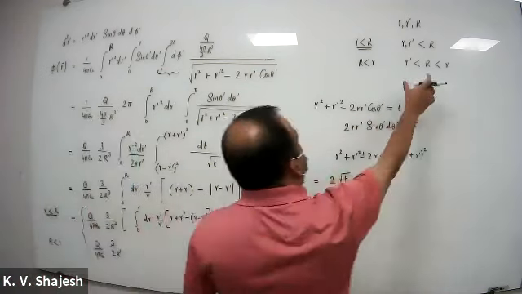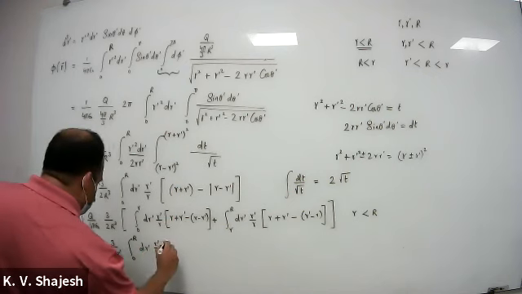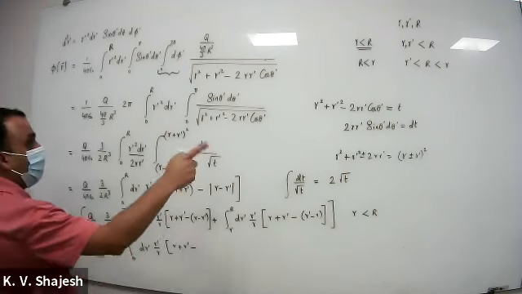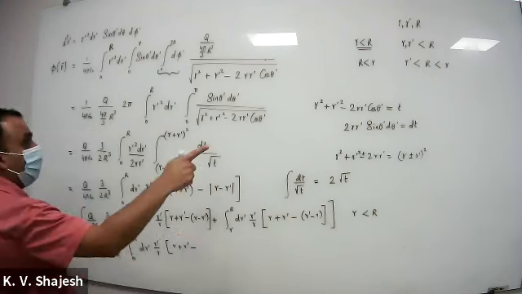So the integral from 0 to capital R of dr prime over r, and this is just r plus r prime minus the absolute value of r minus r prime. Since r is greater, it is minus of r minus r prime.